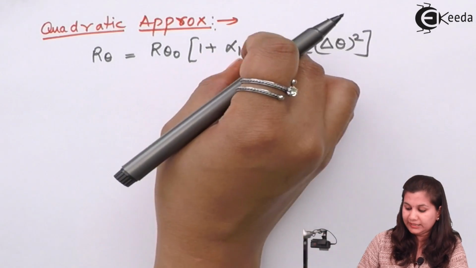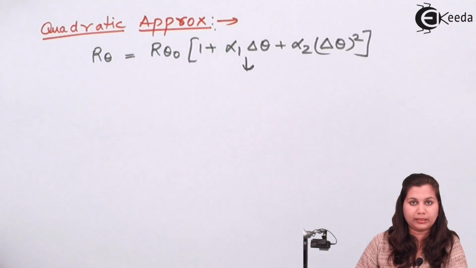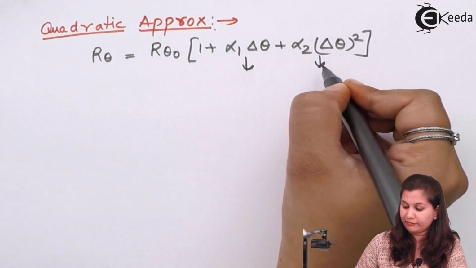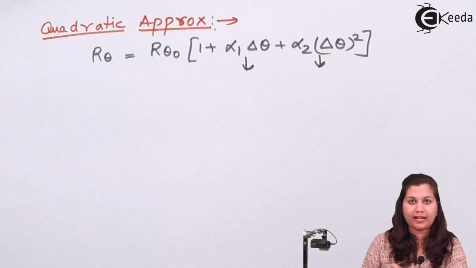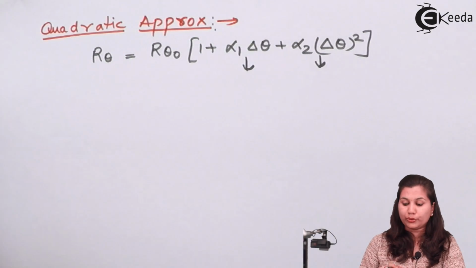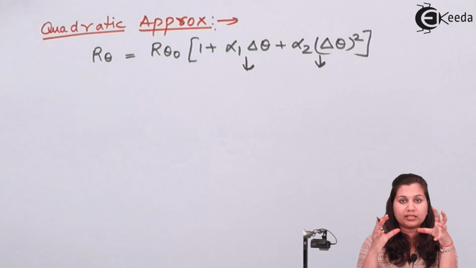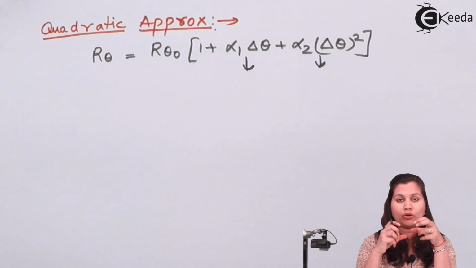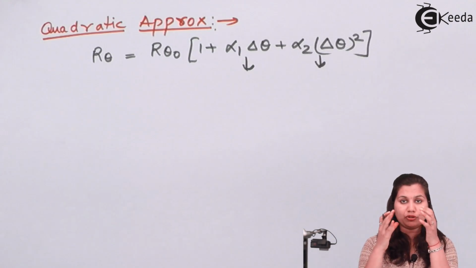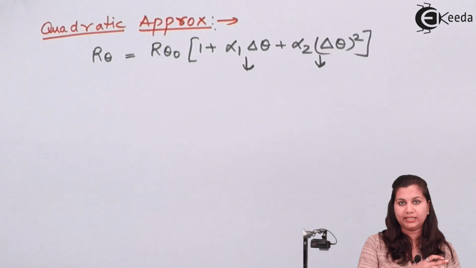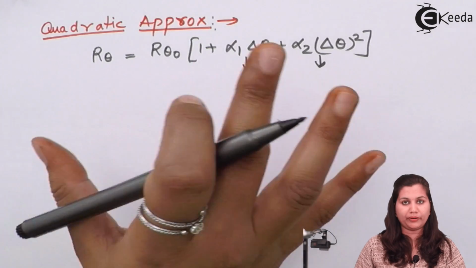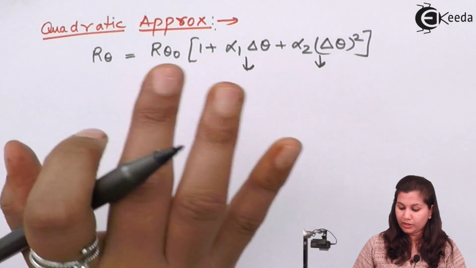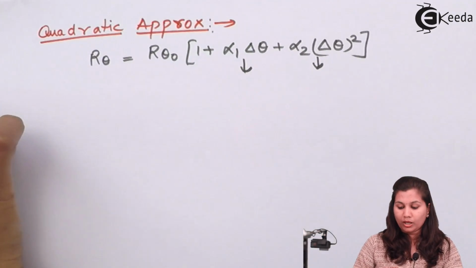This is the linear fractional change in the temperature and this is the quadratic fractional change in the temperature, and all the other terms are the same. So in this way, when we want to find out the changes in the temperature for a short range, we can use the linear approximation, and for a greater range we can use the quadratic approximation also.